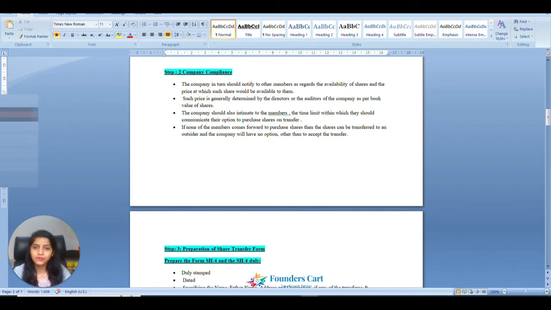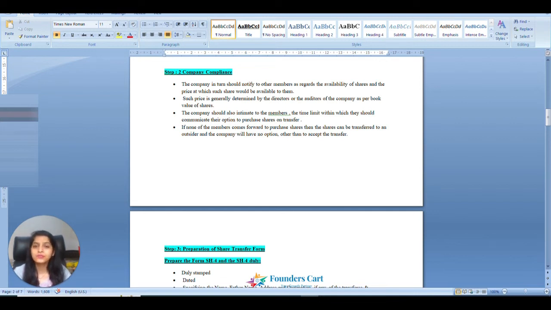The company will in turn notify other members regarding the availability of the shares. The company will intimate the existing shareholders that this person is going to sell his shares. If anyone is interested in purchasing the shares, they can inform the company so that they can purchase the shares from the shareholder. The price at which the shares will be transferred is generally determined by the directors or the auditor of the company.